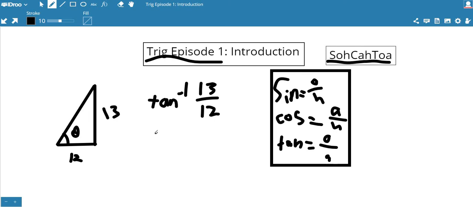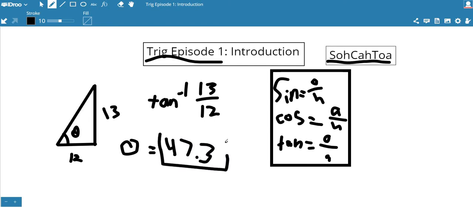So let's do that on our calculators right now. 13, 12. Let's round it to the nearest tenth. So theta equals around 47.3. And that is your answer.